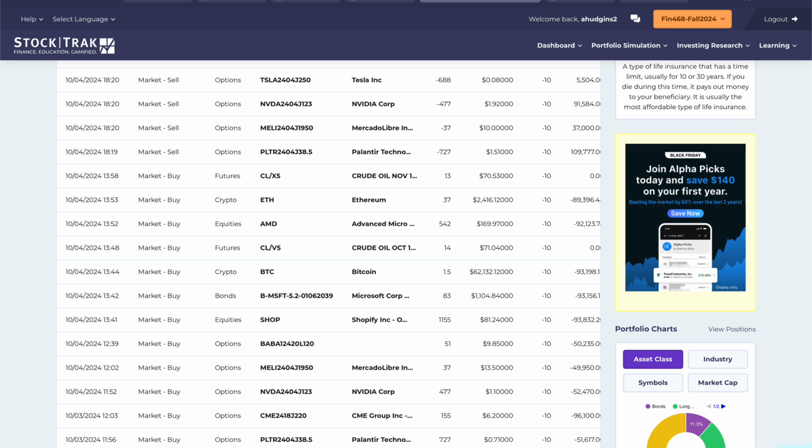And here we have a screenshot of what I have invested in on StockTrack. As you can see, I've invested in Palantir, CME Group, NVIDIA, Mercado Libre, as some options. I also did Tesla, but it's cut off at the bottom. And some stocks, I did Shopify, Advanced Micro Devices.